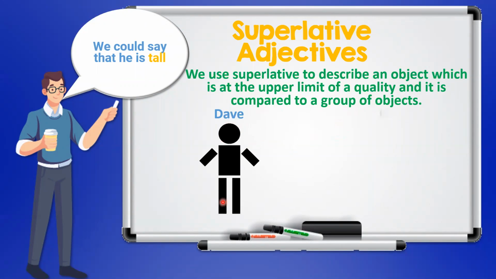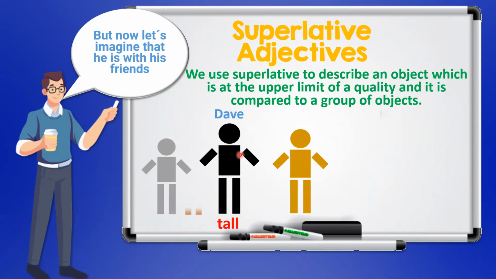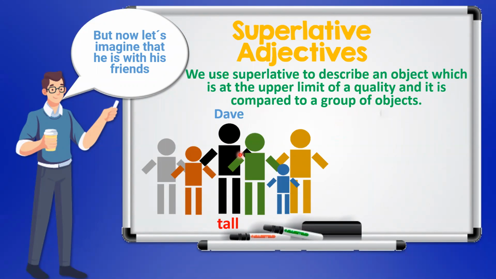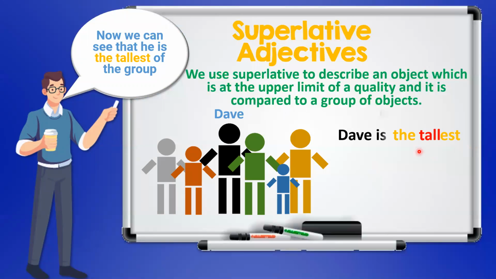We could say that he's tall, but now let's imagine that he's with his friends. Now we can say that he is the tallest of the group.